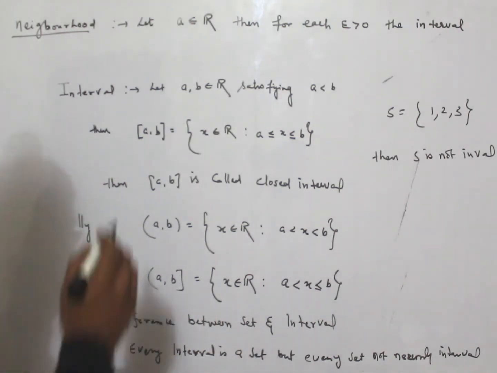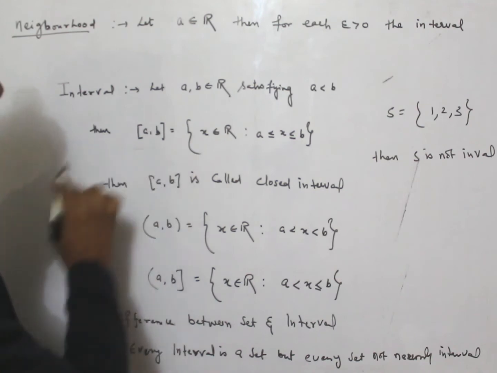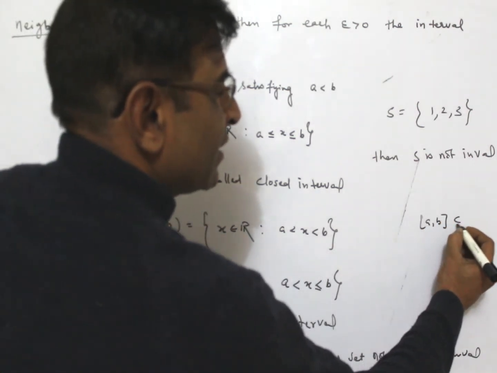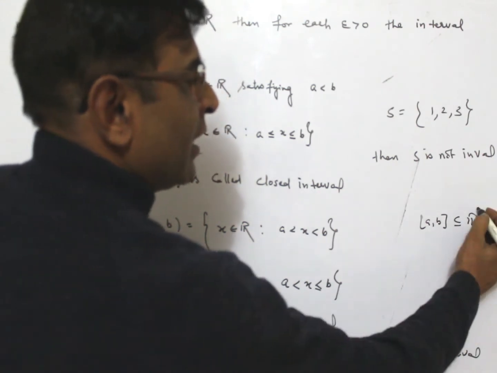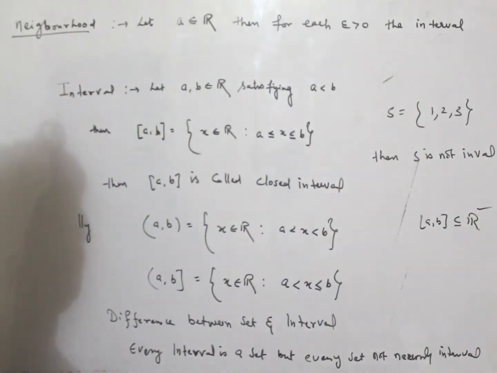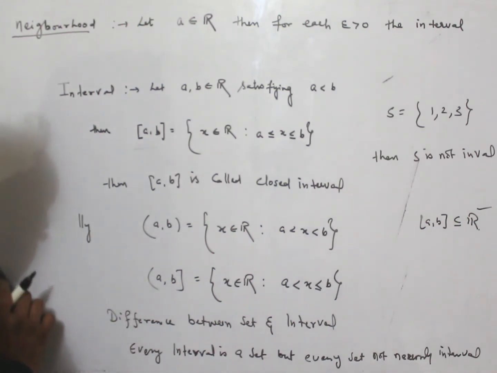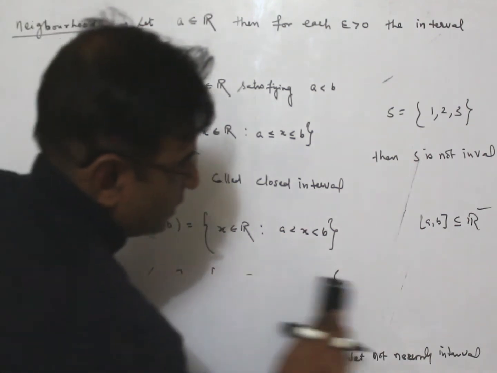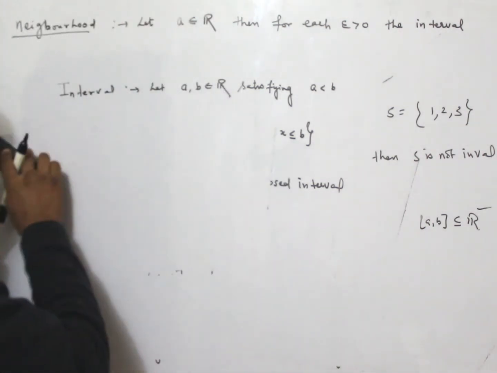Like this AB is a set contained in R, and R itself we also call the set of real numbers. So these are the definitions of the intervals and neighborhood.